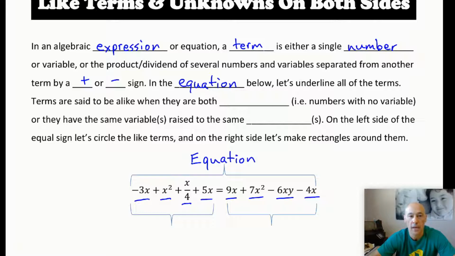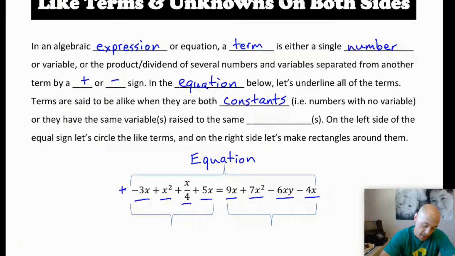Terms are said to be alike when they are both constants, i.e. numbers with no variable. We don't have any constants here.